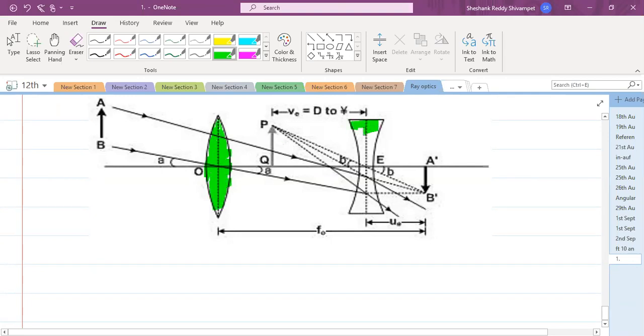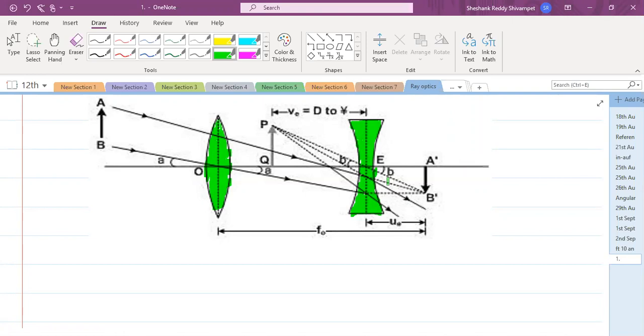Now look at the diagram. From the diagram, tell me this. For the eyepiece, the object, is it virtual or real?